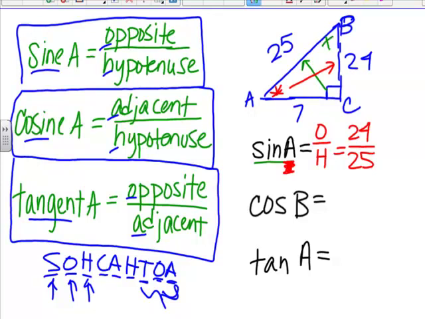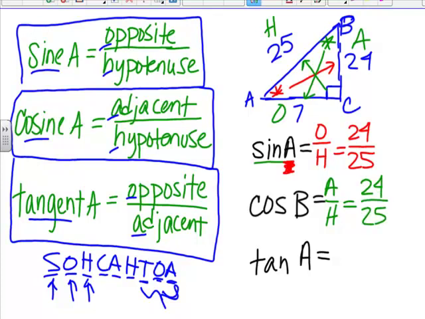Once again, same hypotenuse, it's still the longest side. I go across, that's my opposite, and by process of elimination, this is my adjacent. So cosine, I have SOHCAH, and that would be adjacent is 24 over hypotenuse is 25.